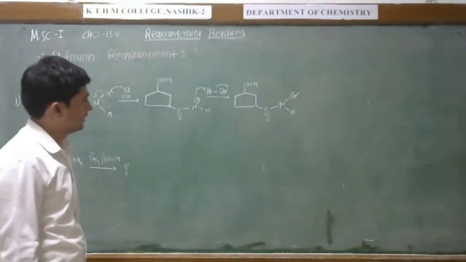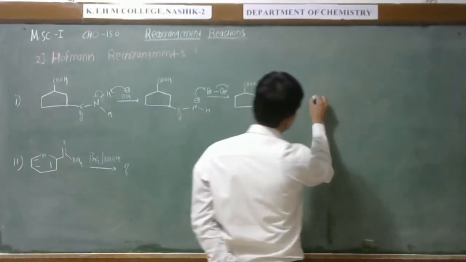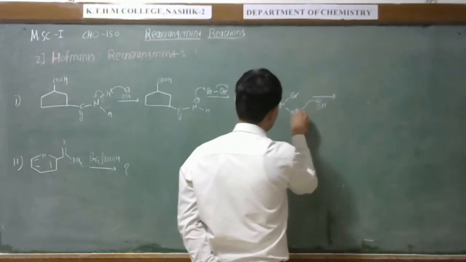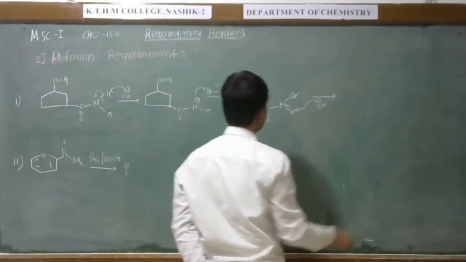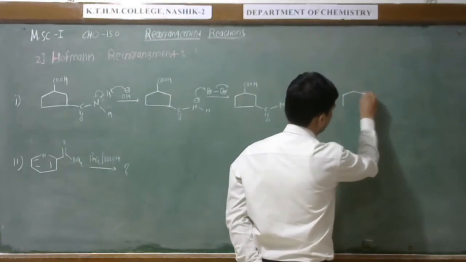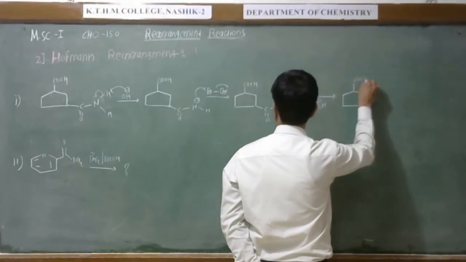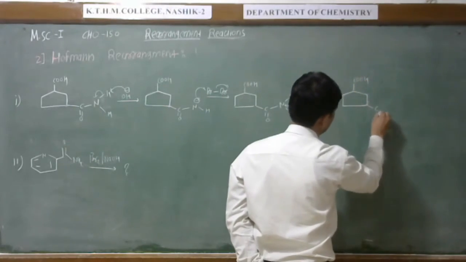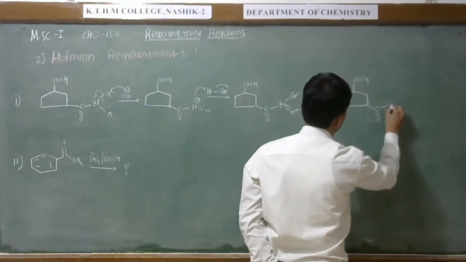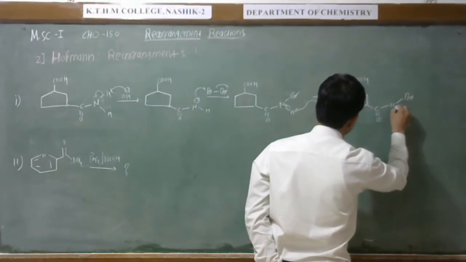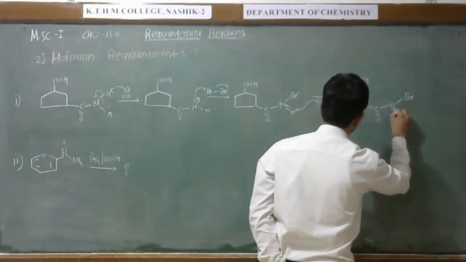Again, in the next step, the base takes the proton from this amide, and there will be formation of negative charge on the nitrogen. This is the COOH, this is the C double bond O, this is the N, this is the Br, and this has negative charge.